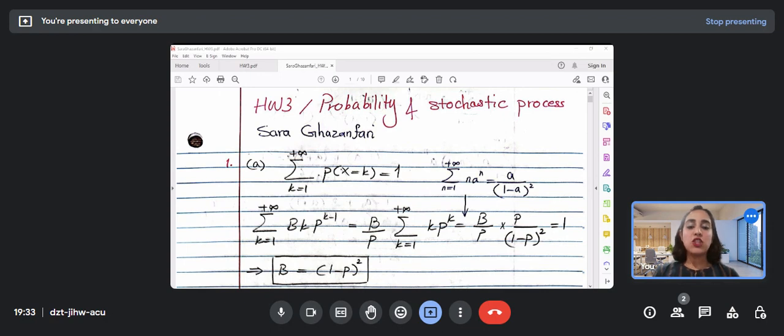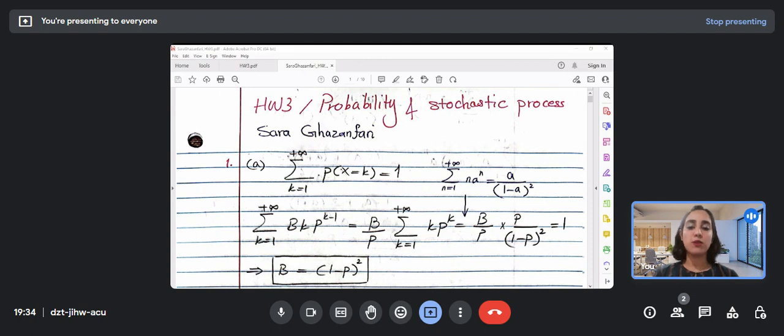The approximation is this: the sum from n equals 1 to infinity is equal to this fraction. So I will use this in my answer, and the whole term equals 1. So now very easily we can find the value for parameter b. Okay, let's go to the next part.